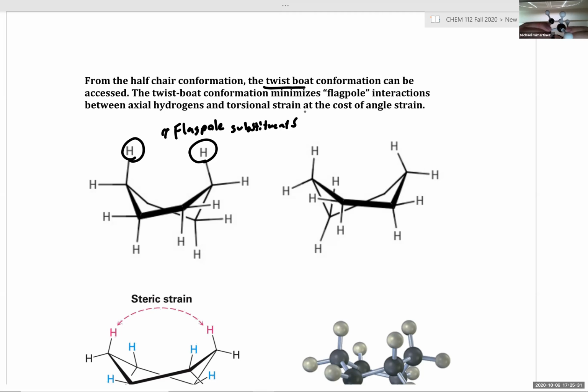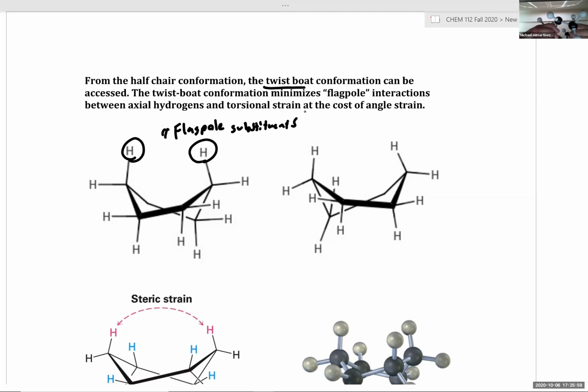So we start off with our half-chair conformation. And then, in our half-chair conformation, we're going to bring the planar carbon number 4 out of the plane of the page, and we're going to leave it pointing up.